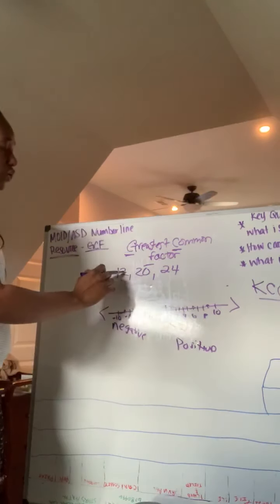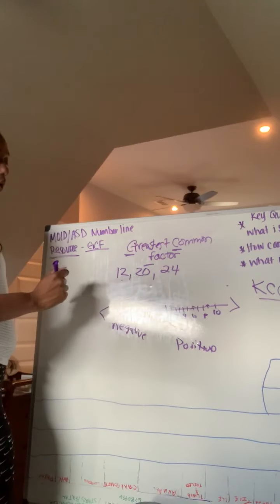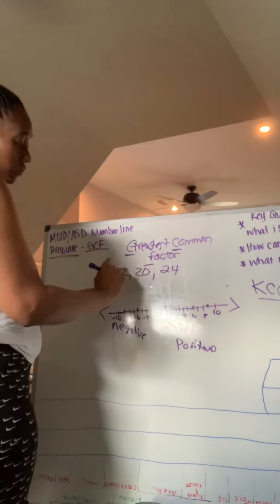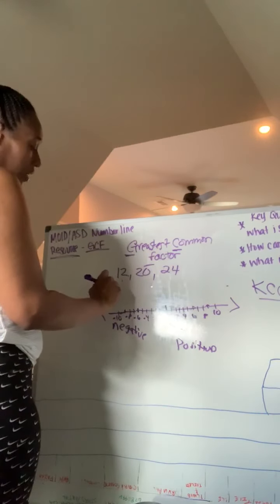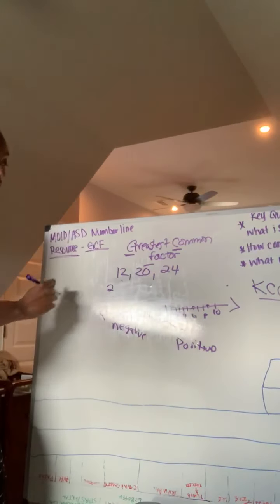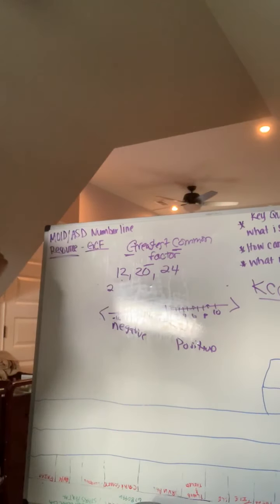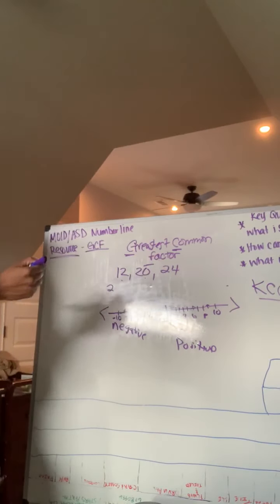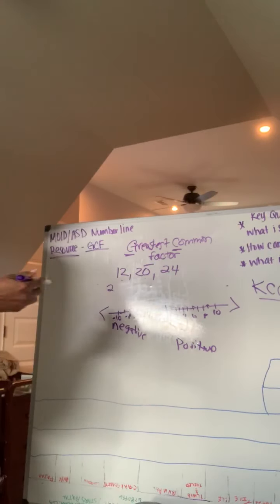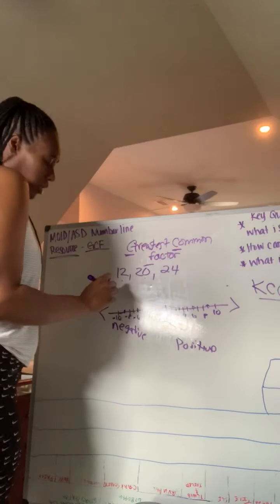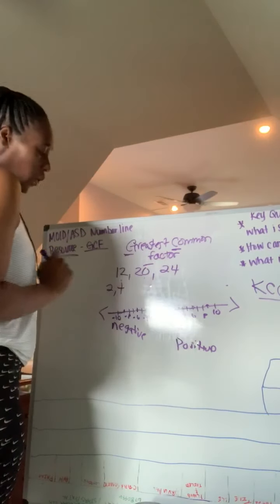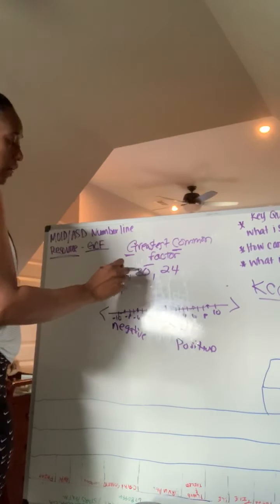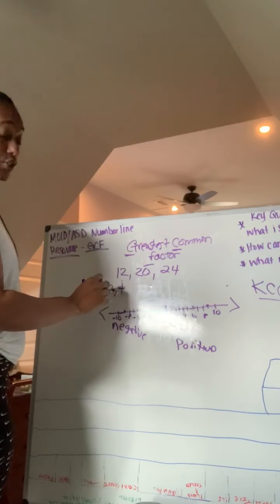So for 12 and 20 and 24, we know that these are all positive numbers. We know that 2 could be a GCF of 12, 20, and 24. And also the number 4. 12, 20, and 24 all have in common 2 and 4.